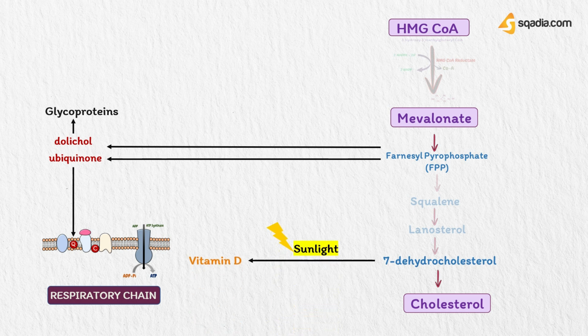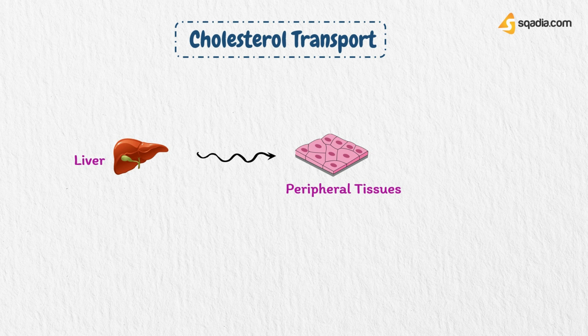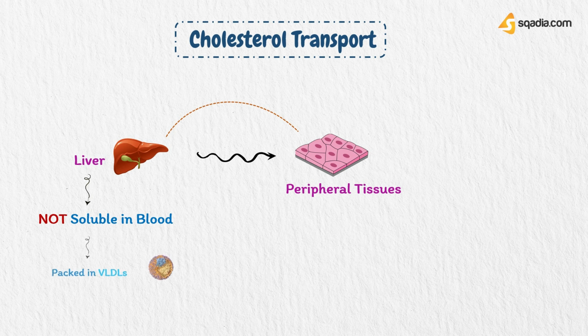Now let's see how cholesterol is transported from the liver to peripheral tissues. Once cholesterol has been made in the liver, it must be transported to the periphery where it is needed. However, since it is not soluble in the aqueous environment of the blood, it must be packaged in very low-density lipoproteins, or VLDLs, for transport to the tissues.